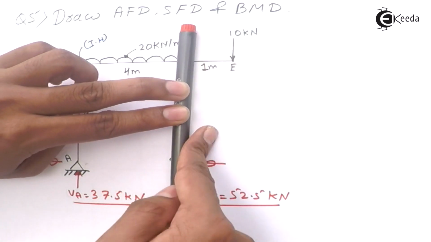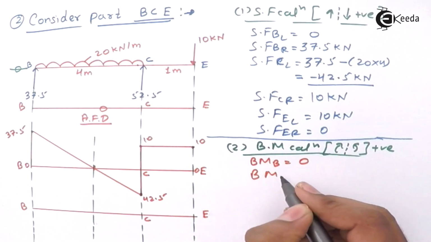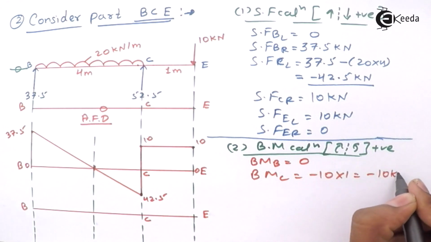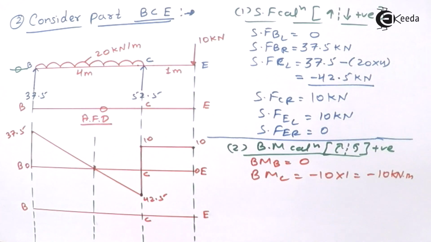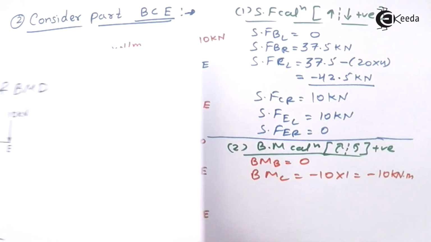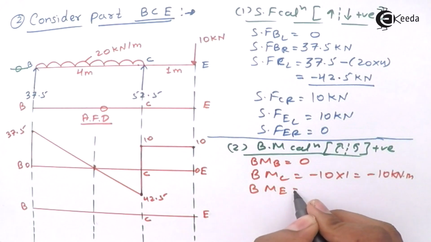It will rotate like this. This sign convention follows minus. So minus 10 into 1. Bending moment at C will be minus 10 kilonewton meter. Now we have done with the C part also. Bending moment at E will also be 0.